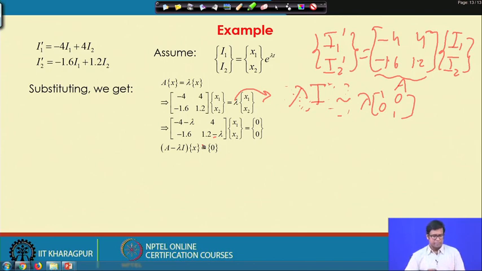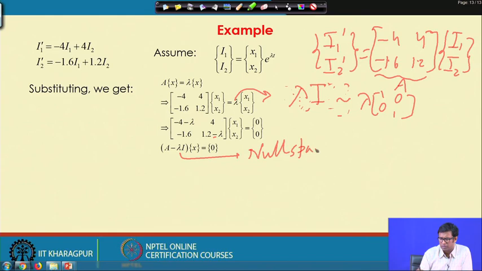Now, what is this? This is nothing but a null space equation. If A minus λI is a non-singular matrix, x will have a trivial solution, x is equal to 0.